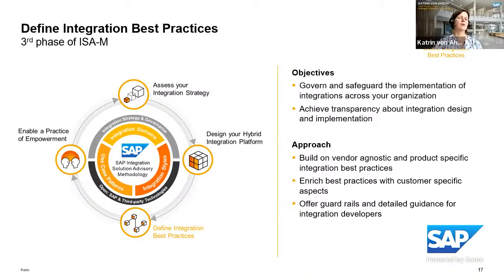So here you might look also at decentral development teams, at system integrators, freelancers, and so on, who need to agree and buy into defined integration best practices to adhere to. Here, the approach is to build on vendor-agnostic and also product-specific integration best practices, which you can enrich with your own customer-specific aspects, like internal processes, naming conventions, and so on.